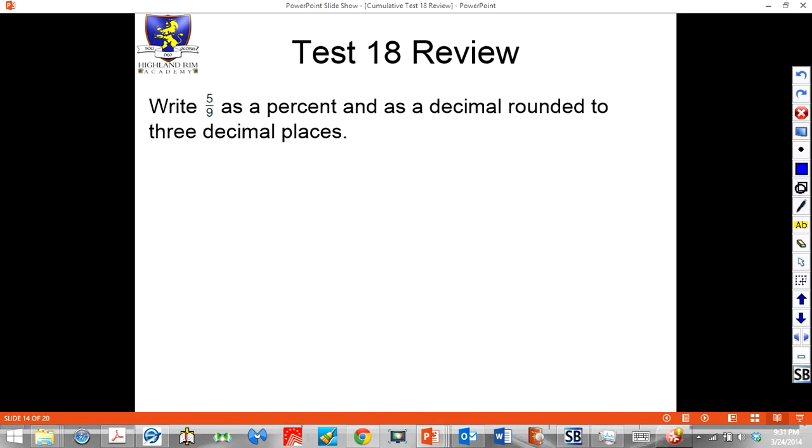Write 5/9 as a percent, with the decimal rounded to 3 decimal places. What we need to do first is find out what the decimal is, and then we can figure out what the percentage is. So the decimal is 5/9, so we divide 9 into 5.